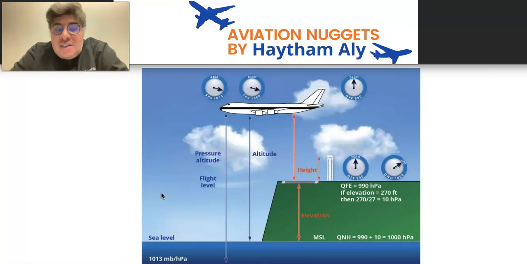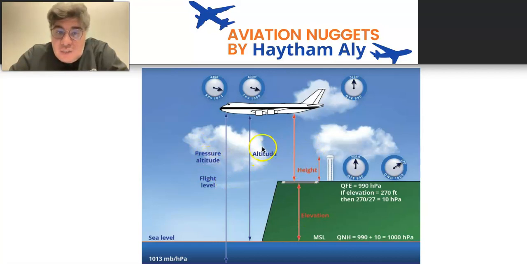In a larger circle around the airport, during approach and landing, they put the pressure setting QNH. But if the aeroplane passes the transition altitude, they put the pressure setting 1013.